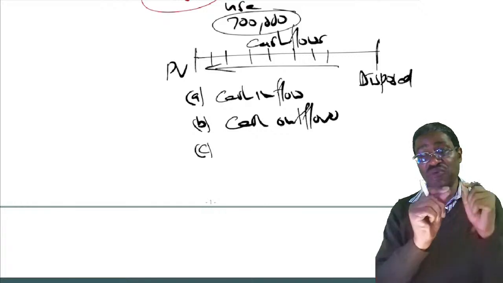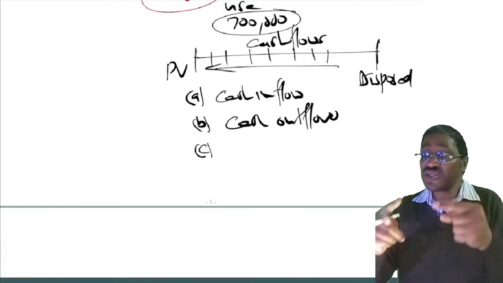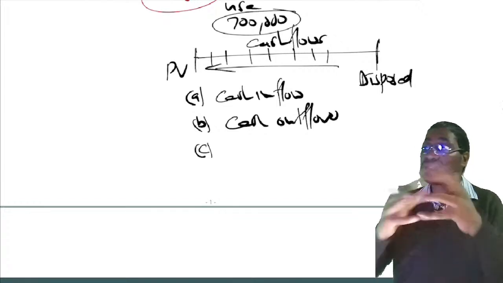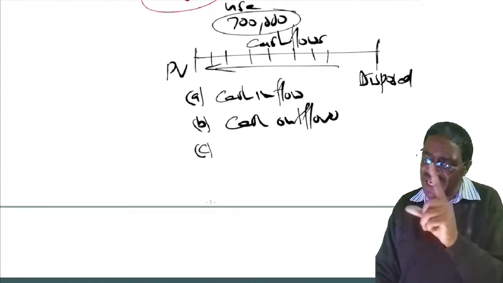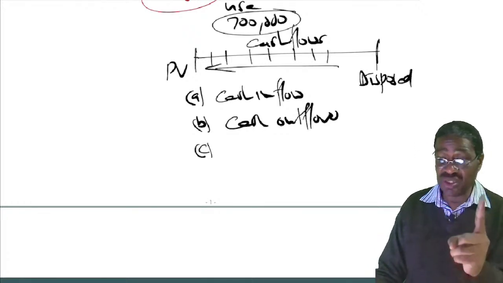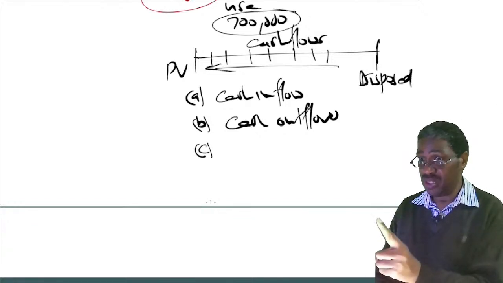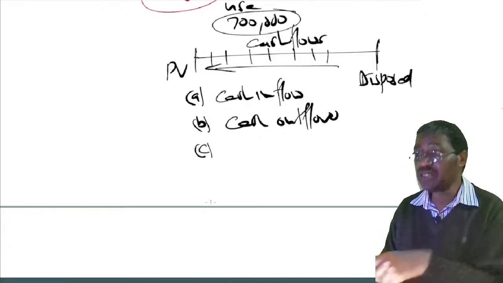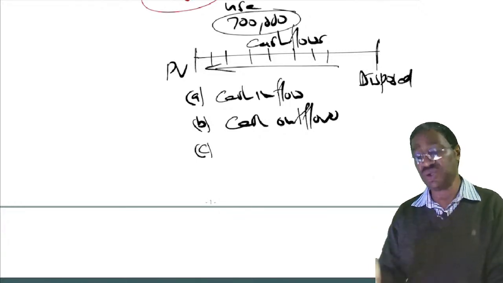So instead of receiving some money at disposal time, you may be the one spending money to dismantle the machine. At the end of the useful life, there will be either a cash inflow, which is in most cases, or a cash outflow because you are the one spending to dismantle that machine.